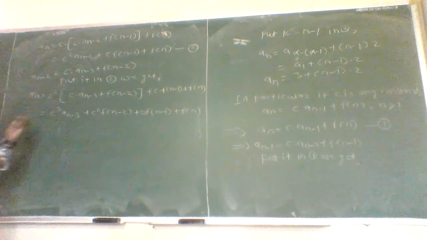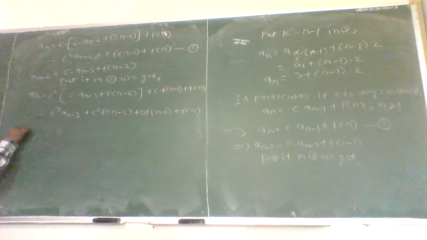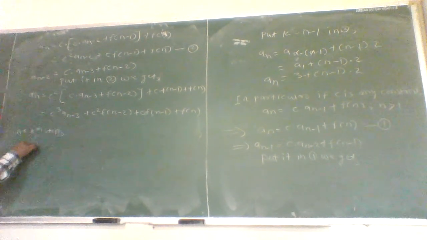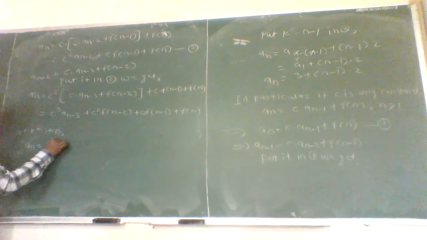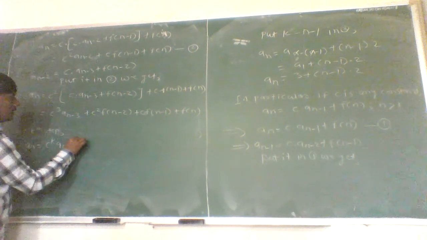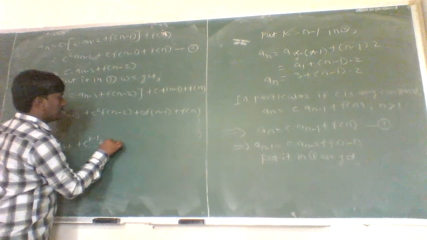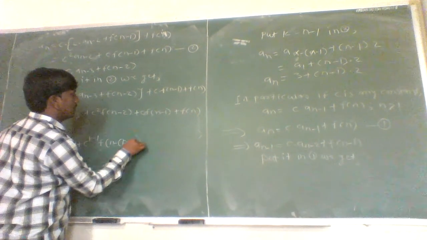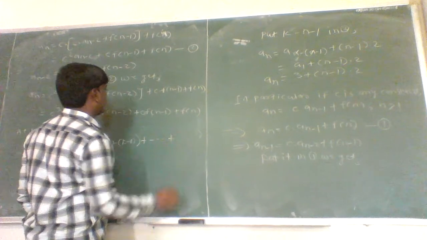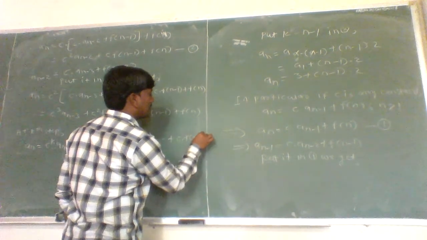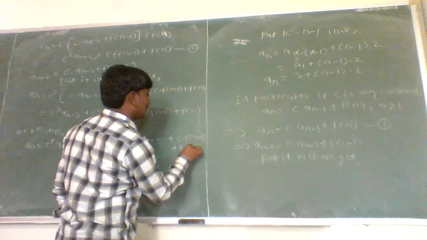Continuing in this way, at the kth step we get a_n = c^k a_{n-k} + c^{k-1} f(n-k+1) + and so on, up to c f(n-1) + f(n).